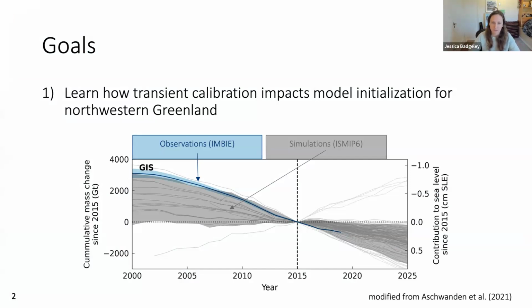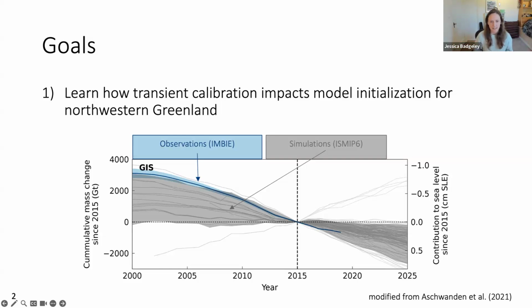One of the motivations for this is really the Ice Sheet Model Intercomparison Project version 6, ISMIP6, which was an amazing collaborative effort to bring a lot of different ice sheet models together to simulate both historical and future changes, particularly thinking about mass loss, and it's been used to think about how Greenland might contribute to sea level rise in the coming century.